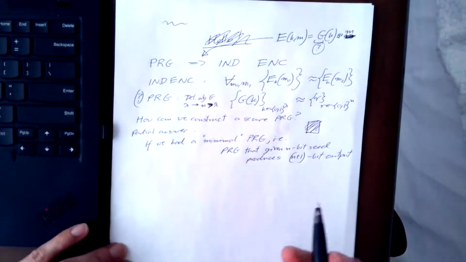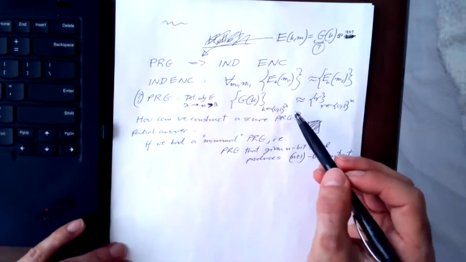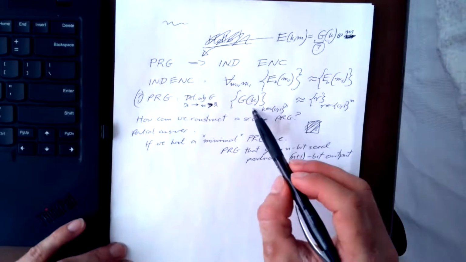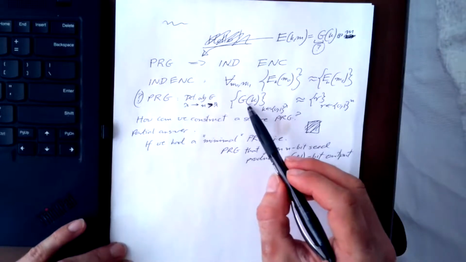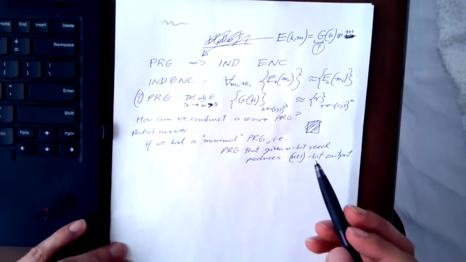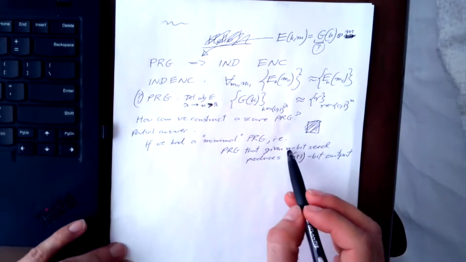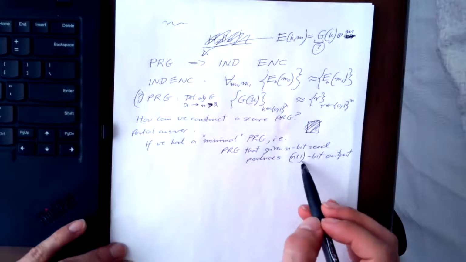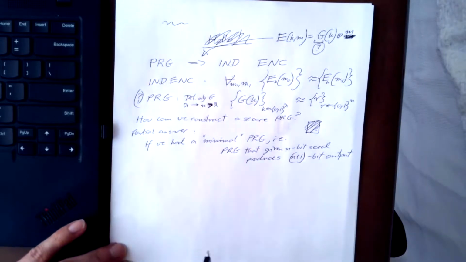I'm switching variables because lambdas are not very convenient to use. Here I called the inputs to a PRG lambda and n the output length, but it's easier to just call everything n. So the input will be n, and now the output will be n+1.